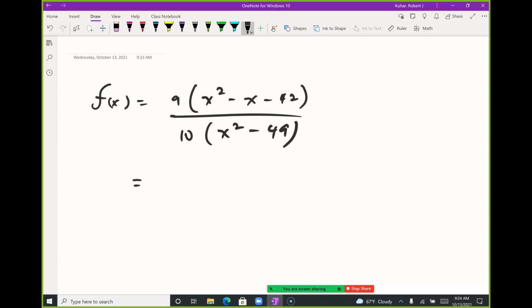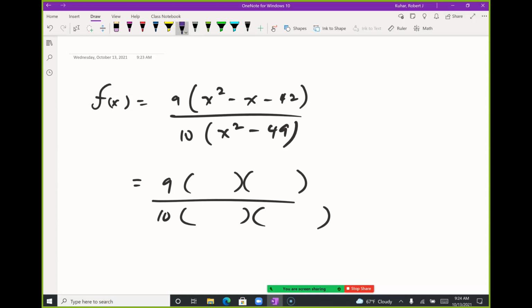I should be able to factor this quickly. Who's got the numerator? Minus 7 and plus 6. And downstairs is x plus 7, x minus 7.